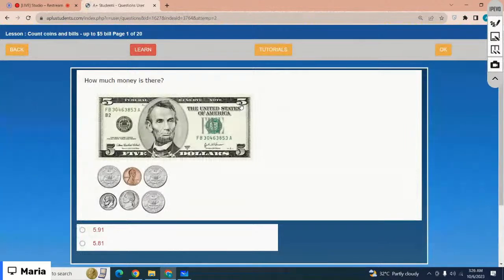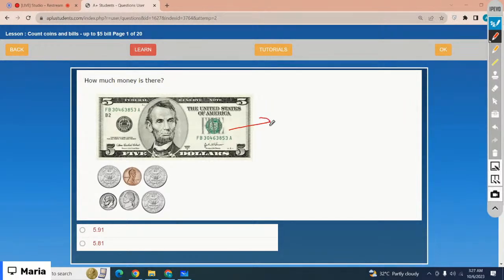You need to count the money, right? So first just look at the bill. You have a $5 bill. That is a $5 bill. This one is a quarter, right?